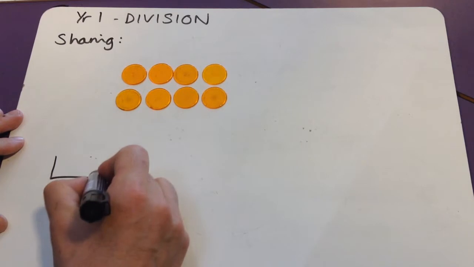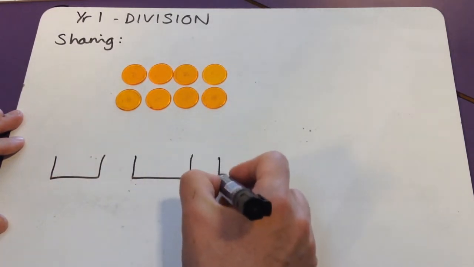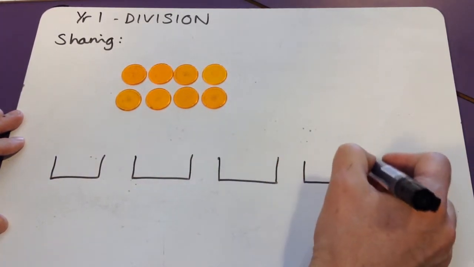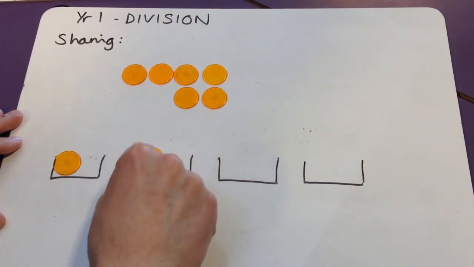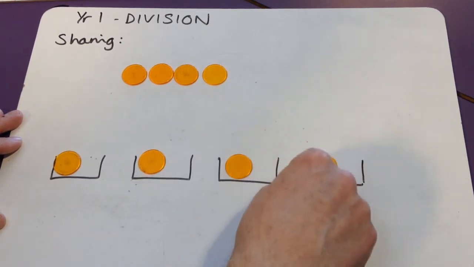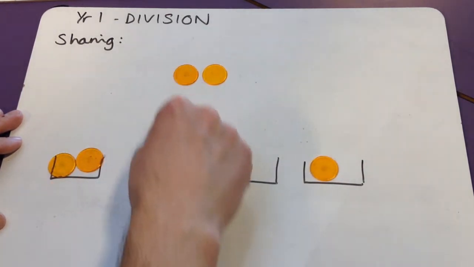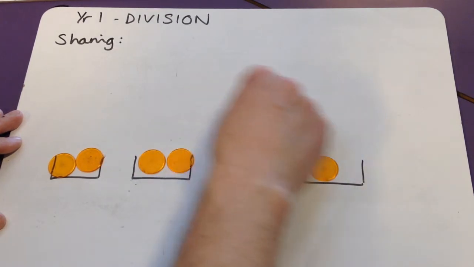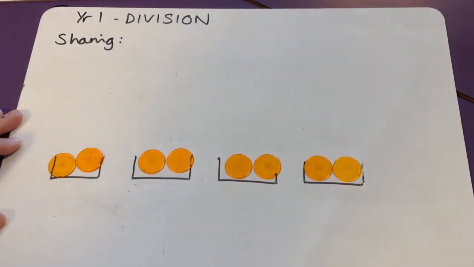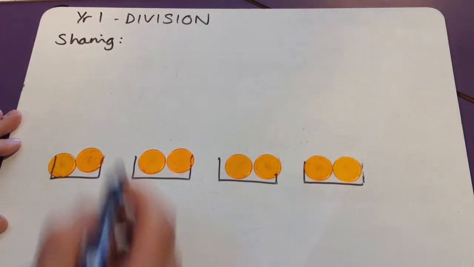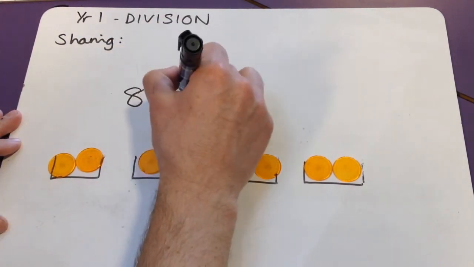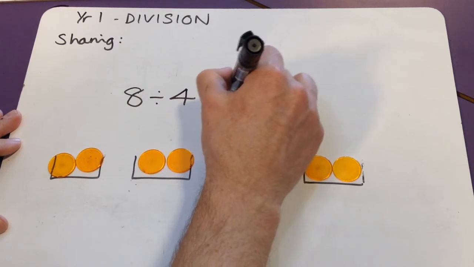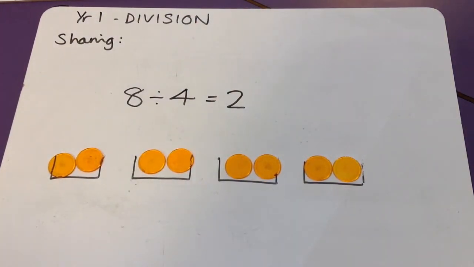So 1, 2, 3, 4 people, or 4 pots, and then we can share them out until they've all gone, and you'll see that we end up with 2 in each pot, or each person ends up with 2 chocolate buttons. So we've taken 8 chocolate buttons, we've divided it between 4 people, and they each get 2 chocolate buttons each.